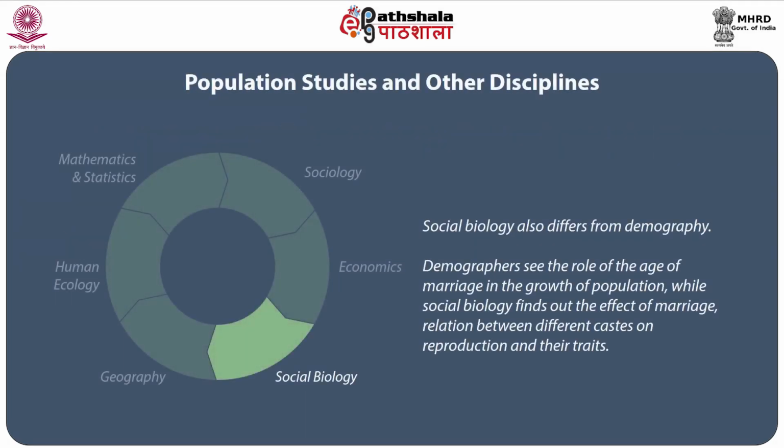As is the case with other social sciences, social biology also differs from demography. Marriage is the subject matter of both the sciences, but demographers see the role of the age at marriage in the growth of population, while social biology finds out the effect of marriage, relation between different castes on reproduction and their traits.